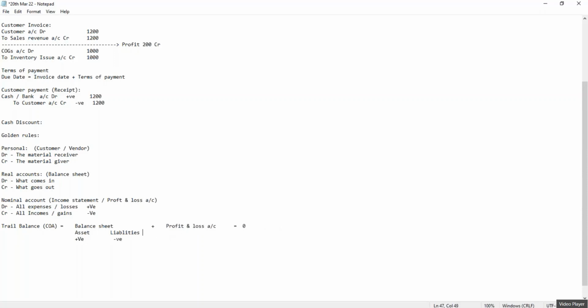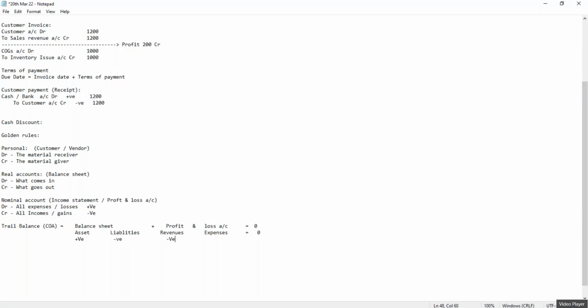Here, profit is shown as incomes or revenues, and losses will be shown as expenses. Total equal to 0. Here, revenue, it is income or revenue, it is negative.